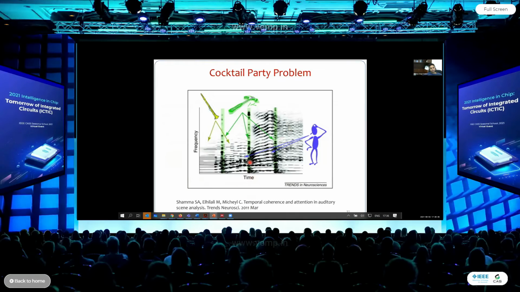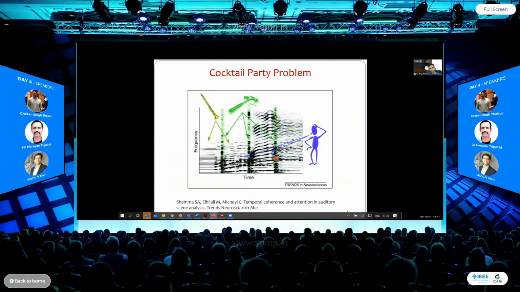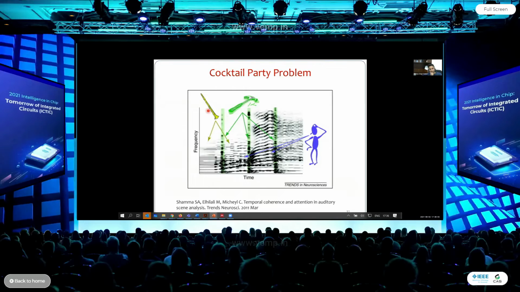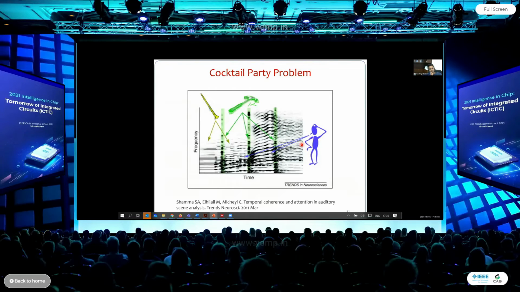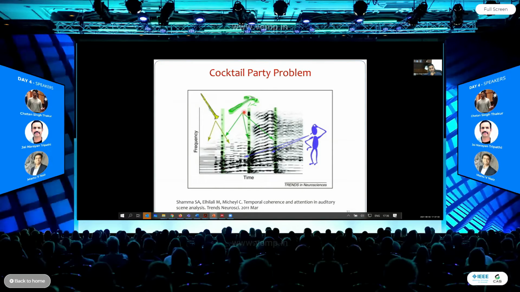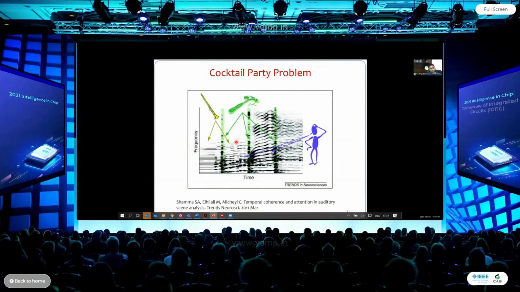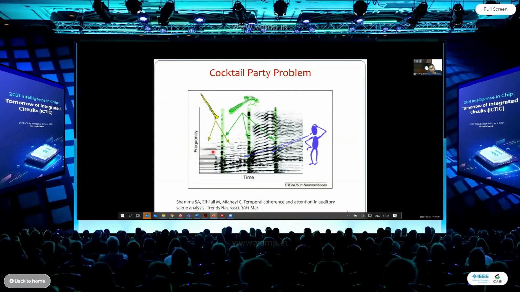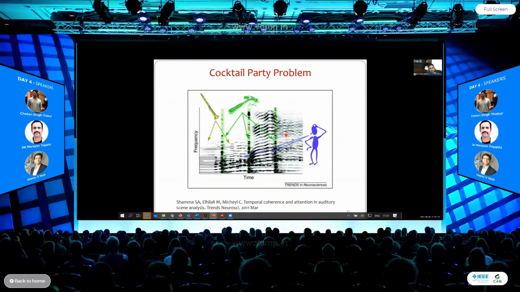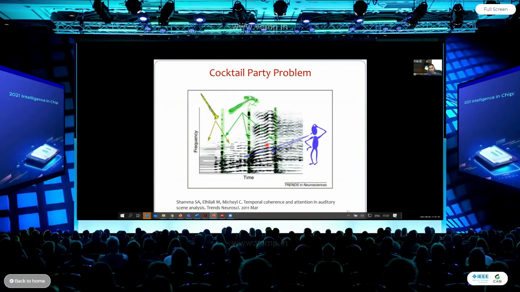Here you can see the spectrogram, frequency versus time, of a complex scene with multiple objects: a flute, a hammer, and a person's speech. Clearly the hammer is like a click kind of sound in the middle here in the green. For the flute, you have very high harmonics here. Same for speech, you have higher harmonics and different formants here.